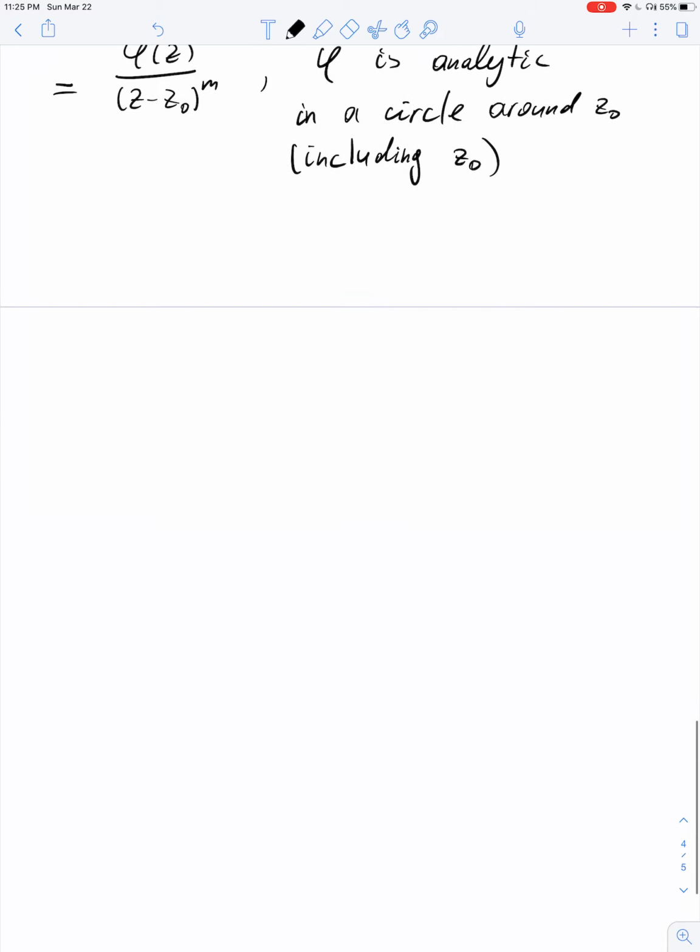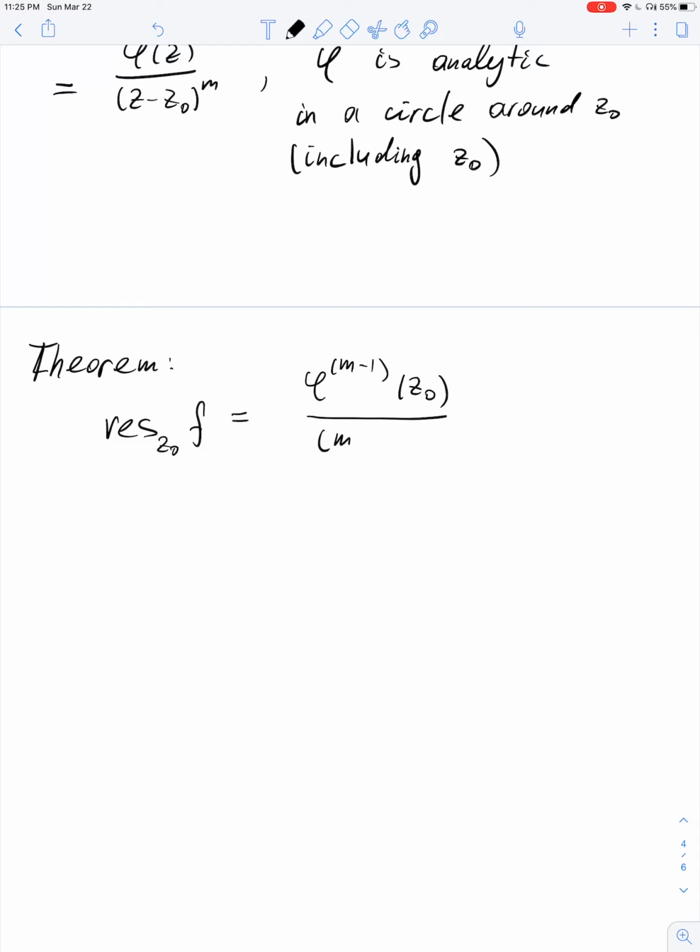And so the main result, let's call it a theorem, is that we can easily compute the residue of f at z0, and in fact it's the (m minus 1)th derivative of phi at z0 divided by (m minus 1) factorial. This is true if m is bigger or equal to 2, and if m is equal to 1, we just get phi of z0.